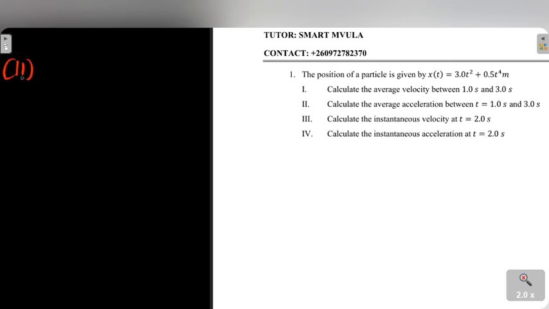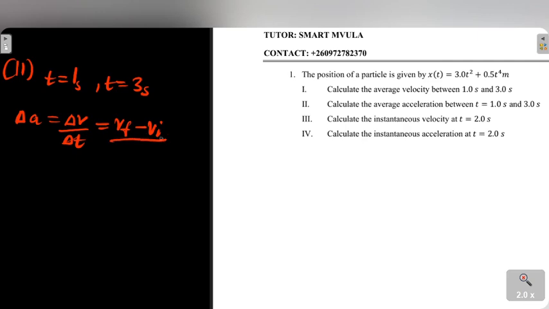To calculate the average acceleration, we say the average acceleration is equal to the change in velocity over the change in time, where the change in velocity is the final velocity minus the initial velocity, over the change in time, that's the final time minus the initial time.